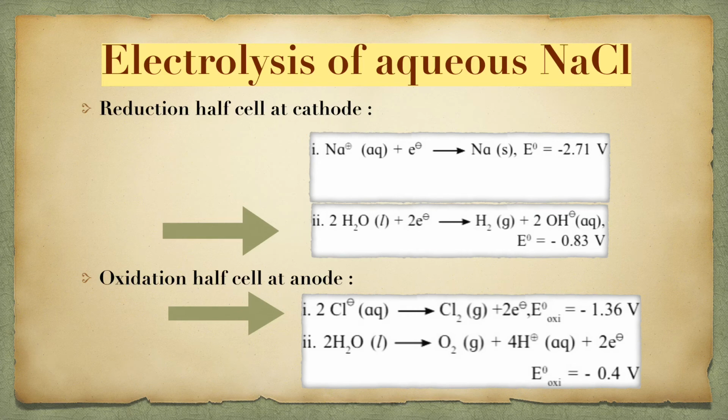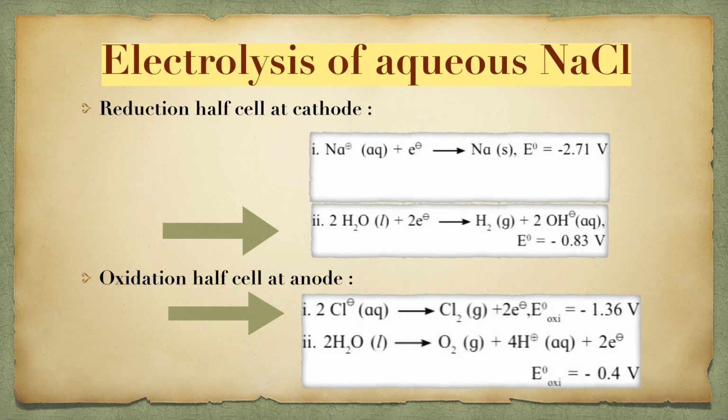The E° value for Na+ is equal to -2.71 volt, and for water it is equal to -0.83 volt.